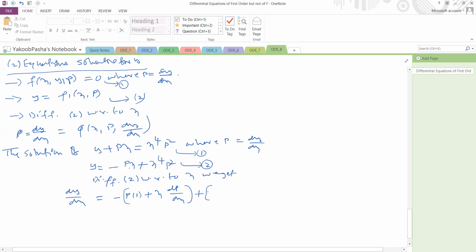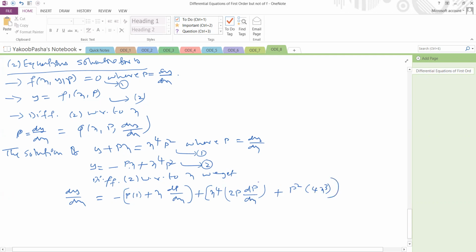Again here the UV method, x power 4 is constant, p square differentiation is 2p into dp by dx, plus p square is constant, x power 4 differentiation is 4x cube. Okay.